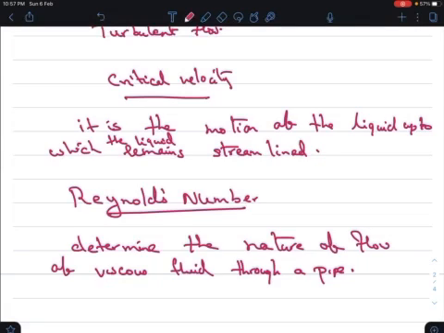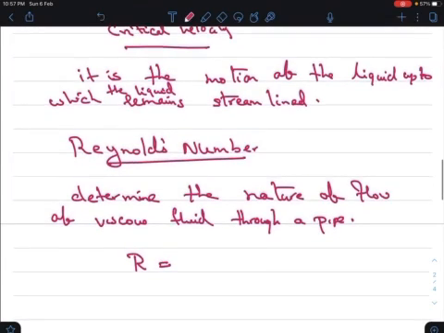It is given by R equals, Reynolds number is represented as capital R, critical velocity, then density of the fluid, D is the diameter of the tube, and eta is the coefficient of viscosity.